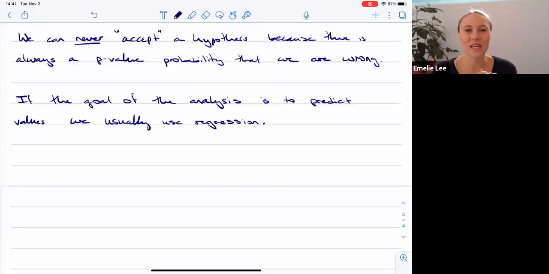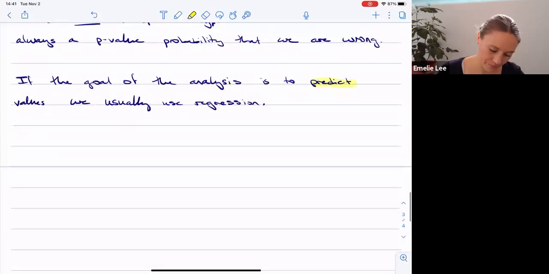Okay, so if we're trying to predict values, then usually we use regression. Now, the simplest regression is, of course, simple regression, where we have one response variable or a dependent variable, depending on the terminology that you like, and we have one explanatory variable.